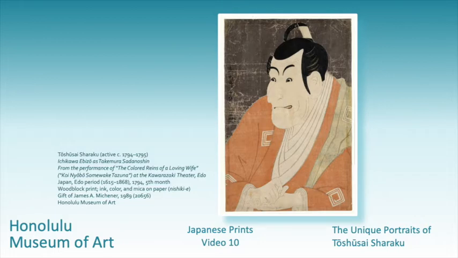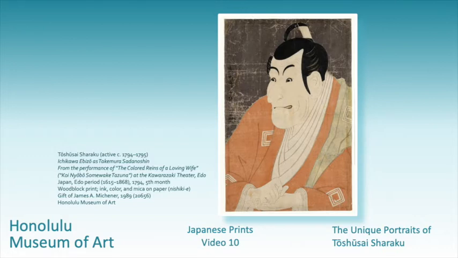The publication by Kurth led to the popularization of Sharaku throughout Japan, Europe, and the United States. Given the noticeable changes in Sharaku's style over the course of 10 months, some scholars maintain that more than one of the aforementioned designers may have collaborated in the guise of Sharaku.